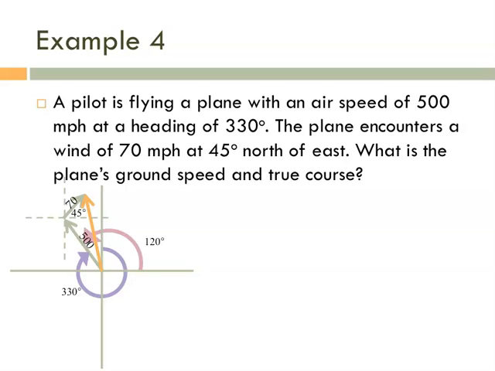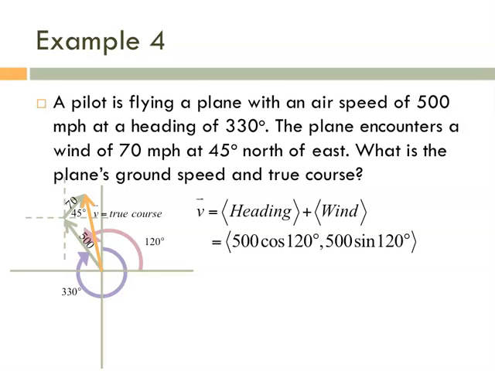Now that we have that, we can come up with our resultant vector v. That's going to be the heading plus the wind. The heading is 500 cosine 120, 500 sine 120. For the wind, that's going to be 70 cosine 45, 70 sine 45.